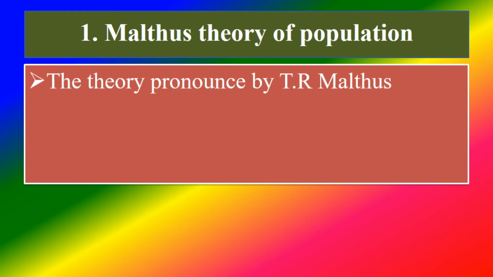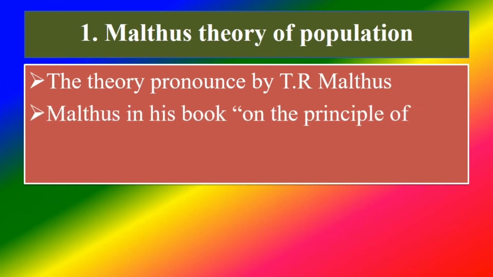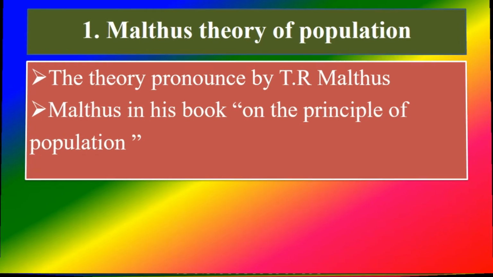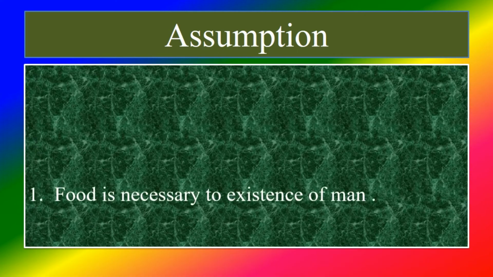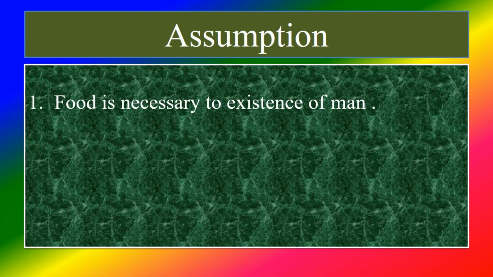The theory was pronounced by T. R. Malthus in his book On the Principles of Population. Assumptions. First assumption, food is necessary to the existence of man.